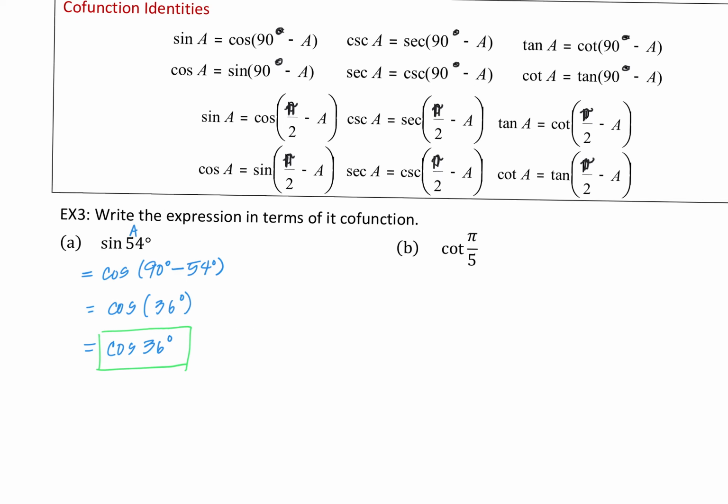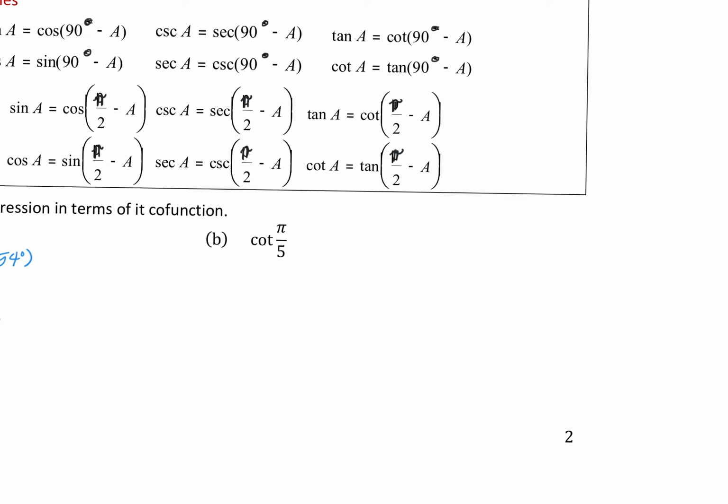Let's try another one. We have cotangent. Cotangent, its cofunction is tangent. So I know this is equal to tangent of, and here I'm in radians, it's going to be pi over 2 minus my angle, which is pi over 5.